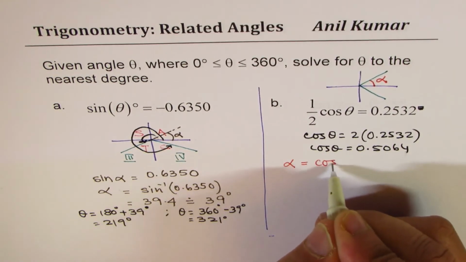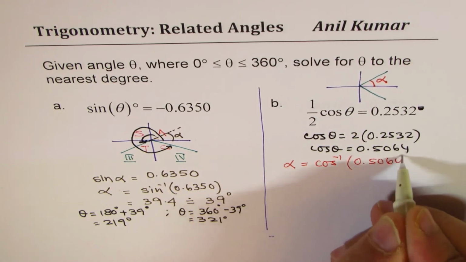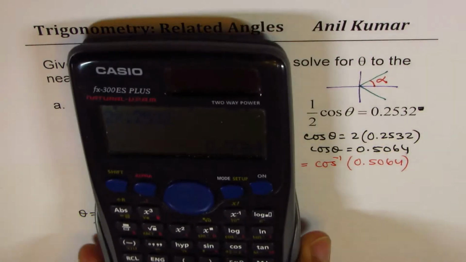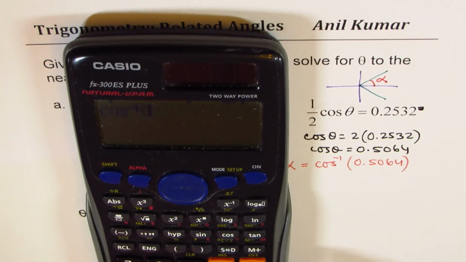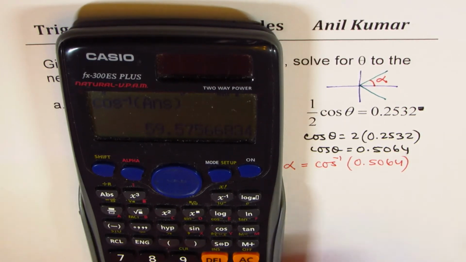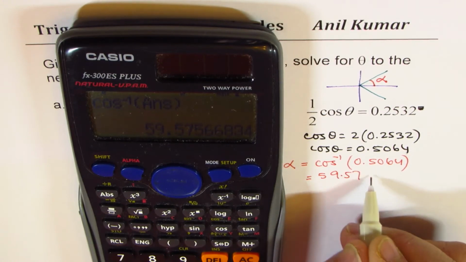Alpha will be cos inverse of 0.5064. So shift cos inverse of our answer equals, and we get an angle of 59.57.